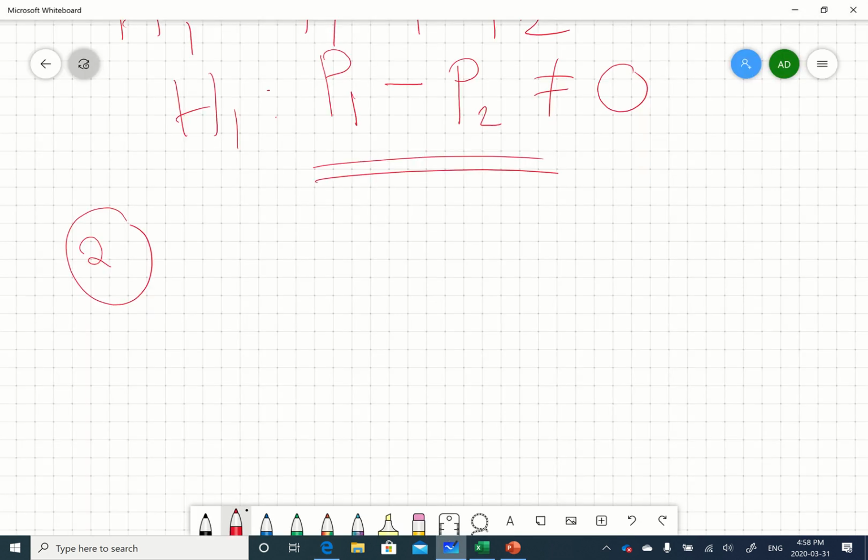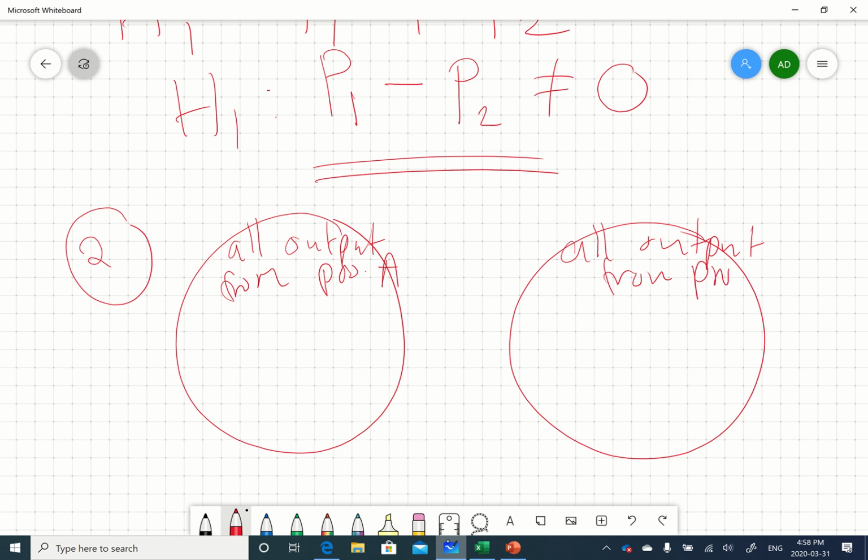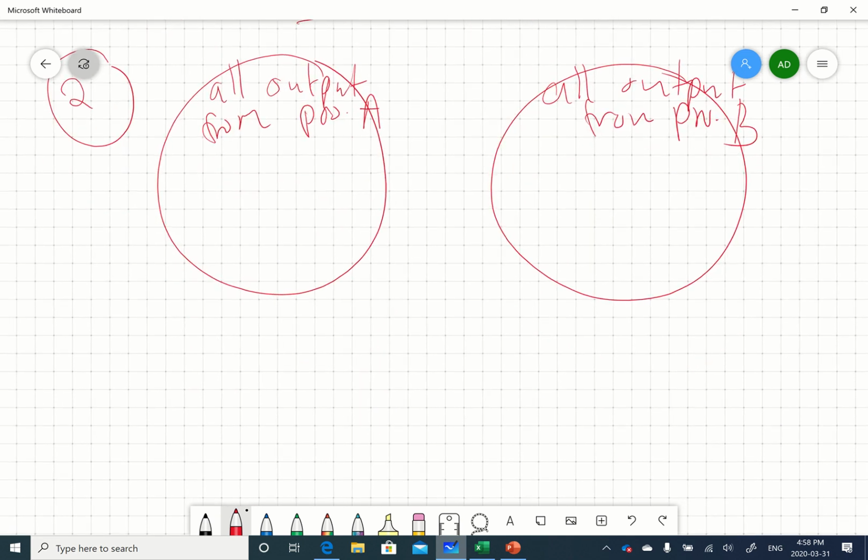So in this question we have all output from process A versus all output from process B. What they are measuring is the average error.